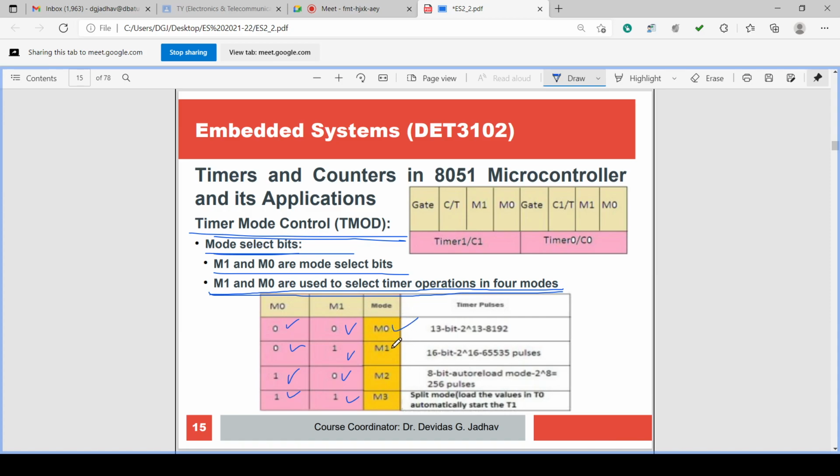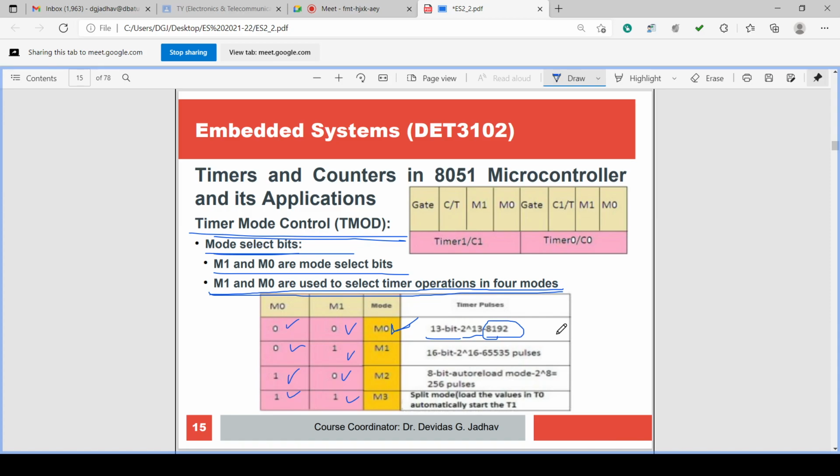If we select M1 mode, M0 mode, a timer will have 13 bits, that is 2 raised to 13, that is 8192. So what timer pulses are there?